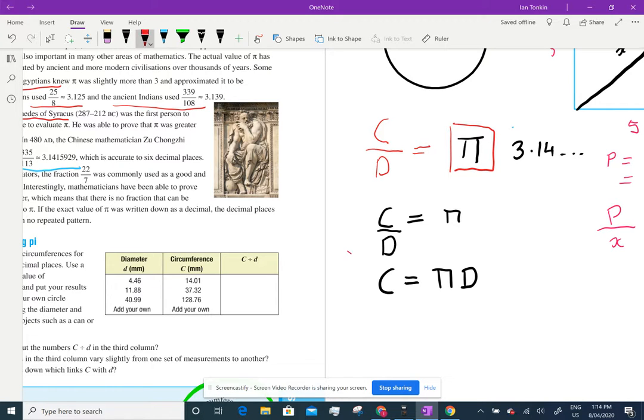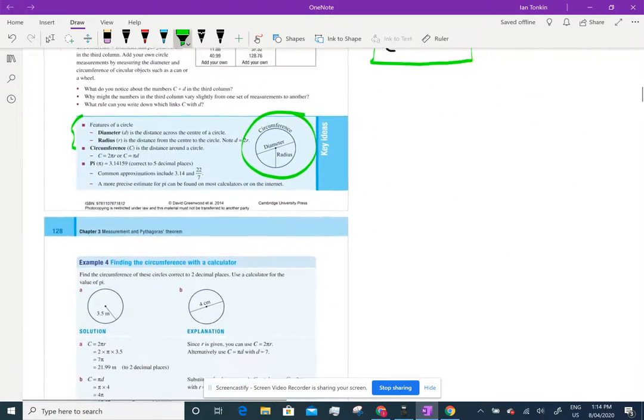This is like an equation. I multiply the d across, and hence I get my formula for the circumference of a circle. It's pi, which is a number, 3.14, times the diameter.